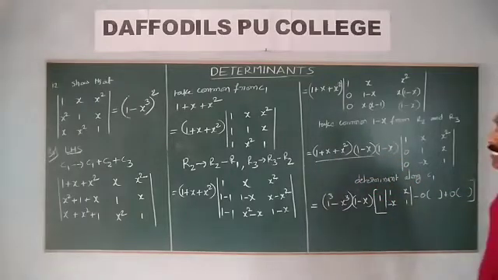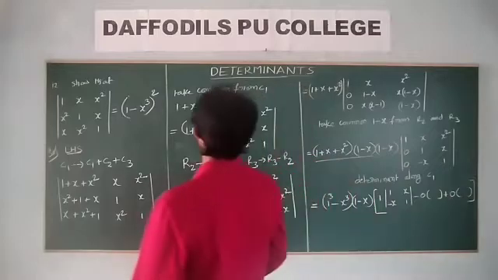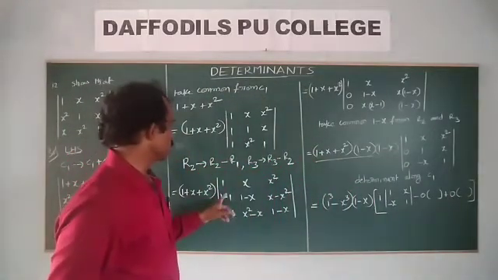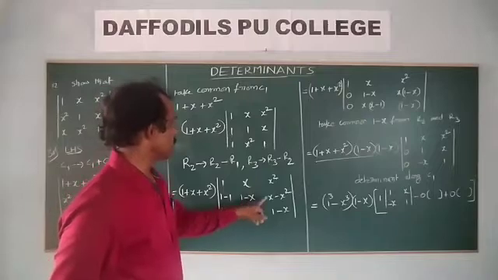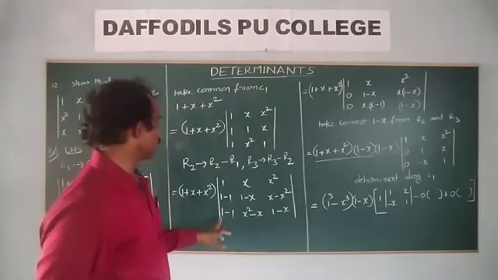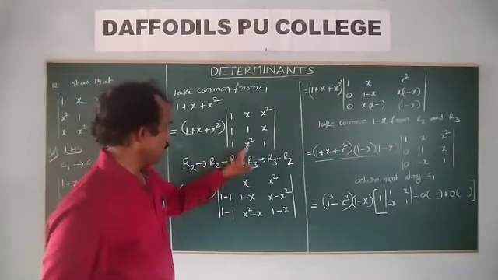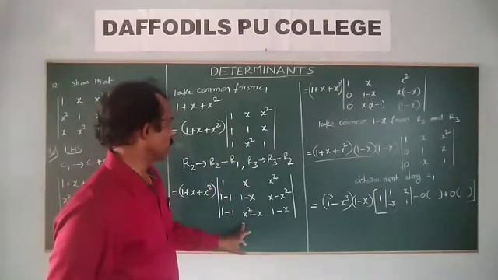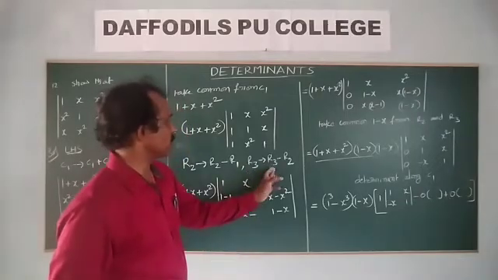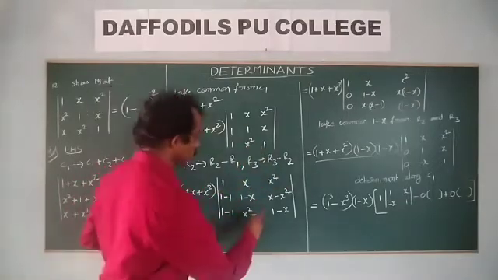Once you check this problem, R2 minus R1, okay. Next R2 minus R1, next x minus x square. Next R3 gives 1 minus 1, x square minus 1. Sorry, this is x square minus 1. Why? Because R3 gives R3 minus R2, x square minus 1.